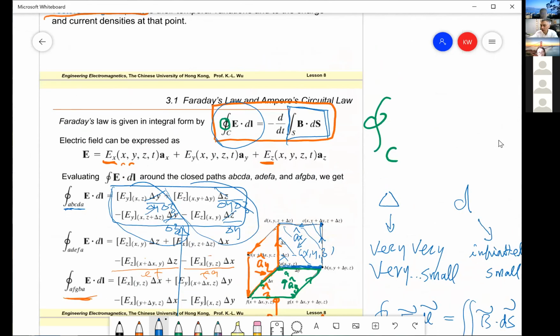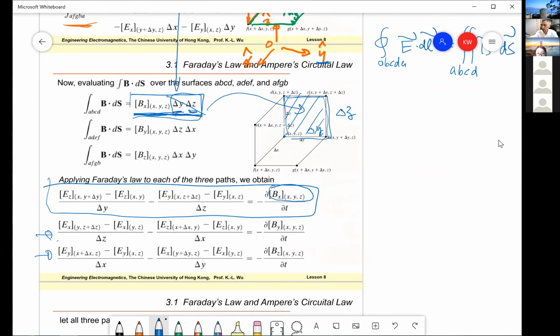We have minus sign and the derivative with time. So that is our first equation.